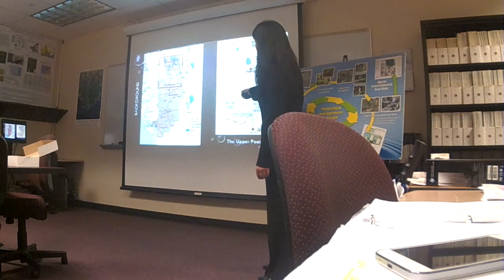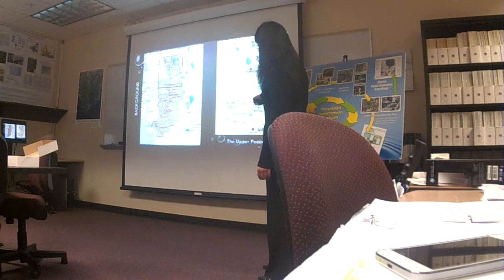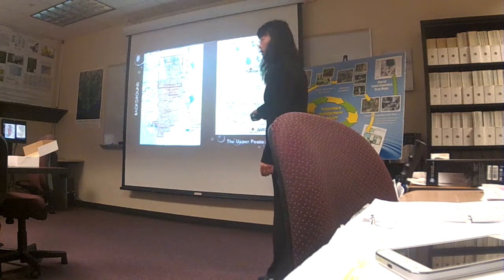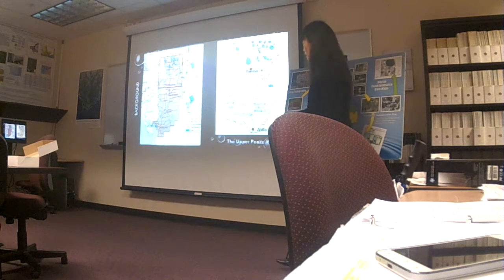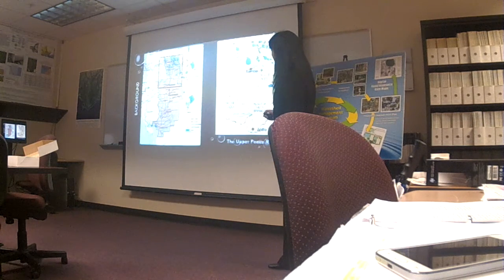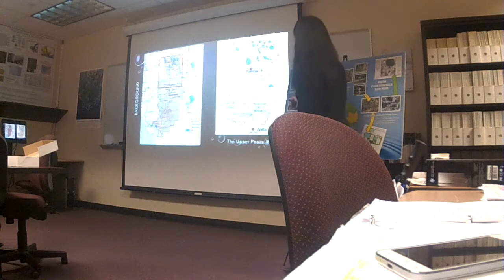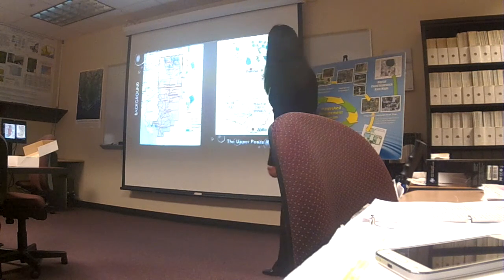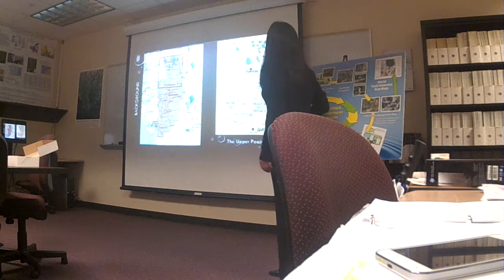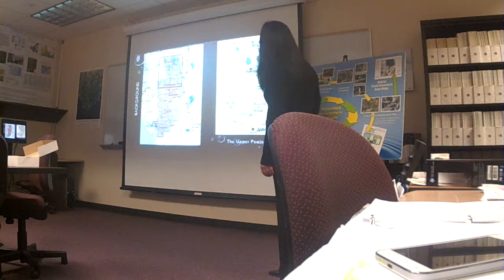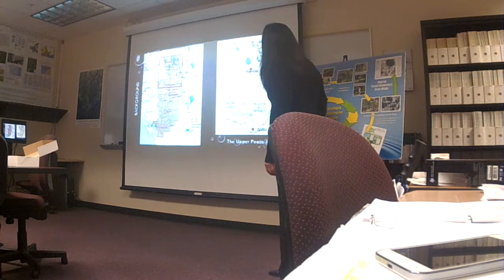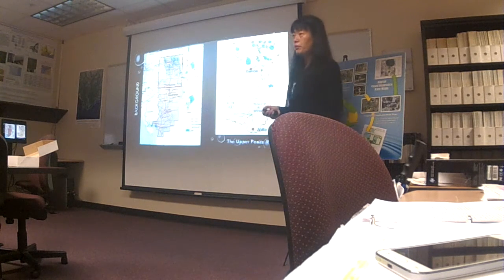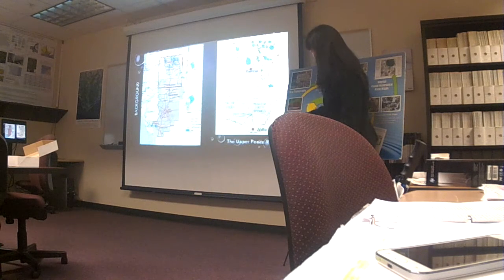This is Polk County, and this river starts from Polk County, runs about 120 miles, and runs into the ocean at Charlotte County. I highlighted this part, and this is the zoom-in, because it's easier to see. From Bartow to Zolfo Springs the river stretches like this, and we call it the Upper Peace River because it's only a portion of the entire river.